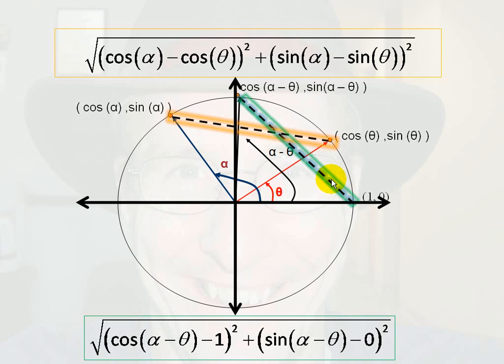Now that we've established that these two distances are equal, let's see what we can come up with when we set these two distances equal. In other words, when we set the expression in the yellow box equal to the expression in the green box.